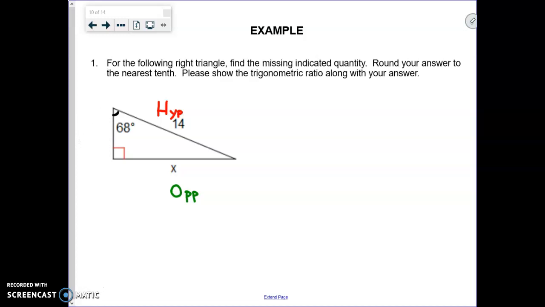So then you just go back and ask, which trig ratio relates the opposite side to the hypotenuse? And that's where you go right down to SOH CAH TOA. Which one relates opposite to hypotenuse?